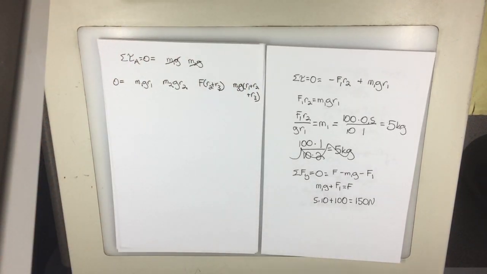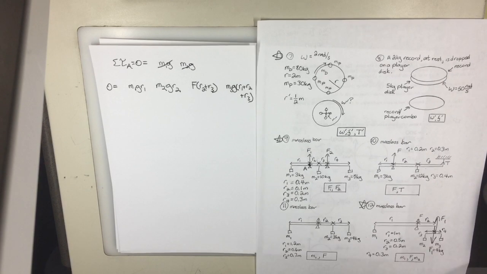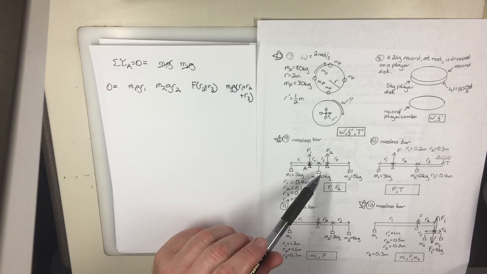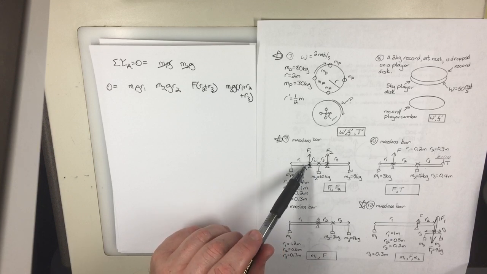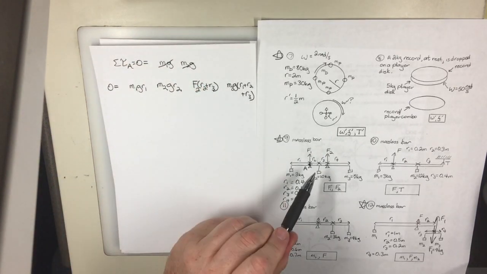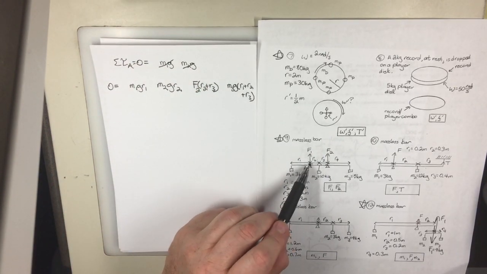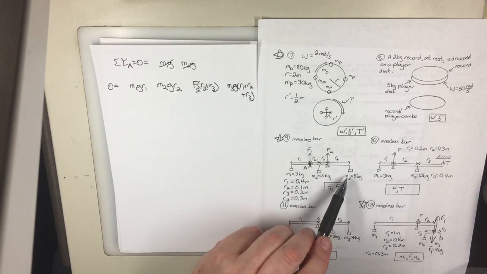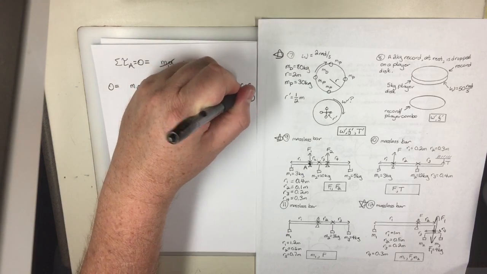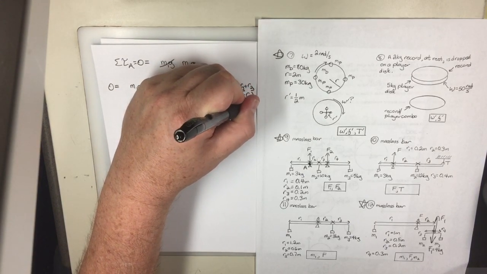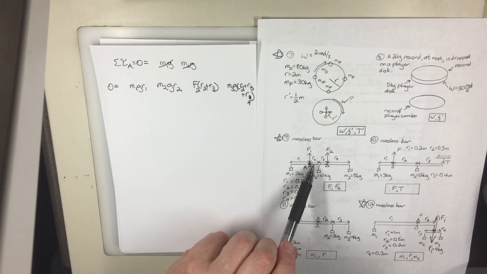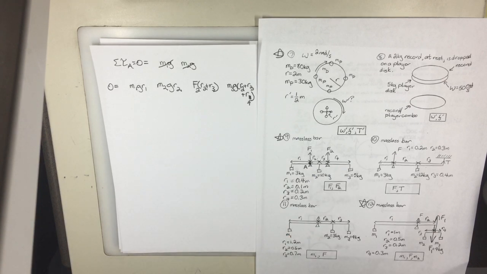So there are 4 torques. M1G, distance R1 to there. M2G, distance R2. F2 is the distance R2 plus R3, there to there. M3G is R2, R3, and R4, so the distance from there to there is R2 plus R3 plus R4.